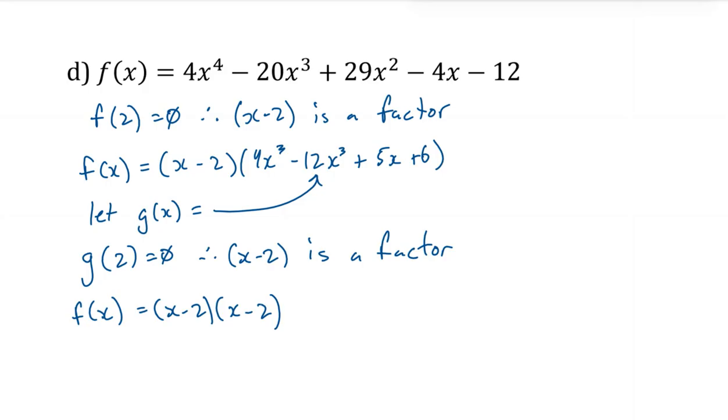which you could write as x minus 2 squared there. I'm not doing that just to help you kind of see what's going on, but absolutely, you could write that as x minus 2 squared. This is the case where you have to, for full marks, say let g at x equal that, g at 2 equals 0, therefore it's a factor. If you said f at positive 2 equals 0, therefore it's a factor, you already said that.